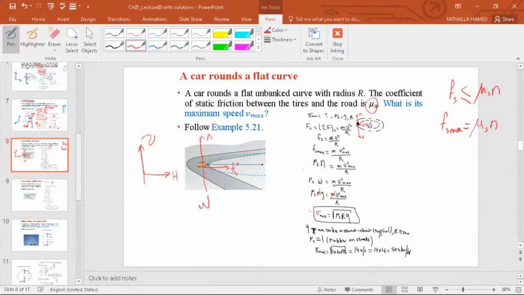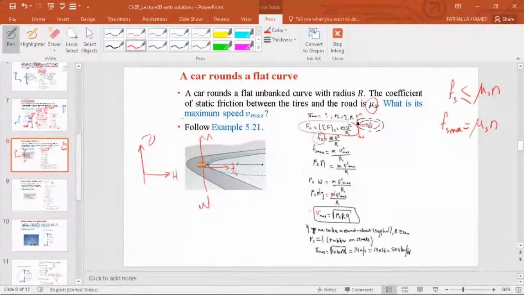So now, if I look at my net force along the horizontal circle, it should equal mv squared over r. But the only force working toward the center and keeping the car on the track is the static friction force. And that should equal mv squared over r.